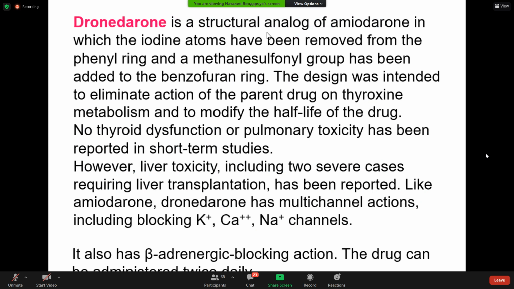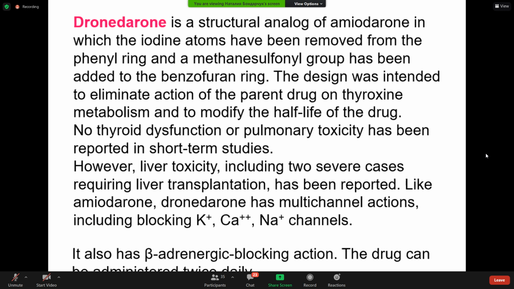So the next drug, dronedarone. It is a structural analog of amiodarone, but in dronedarone, the iodine atoms have been removed from the phenyl ring, and a methane sulfonyl group has been added to the benzofuran ring. So dronedarone lacks iodine in its chemical structure.